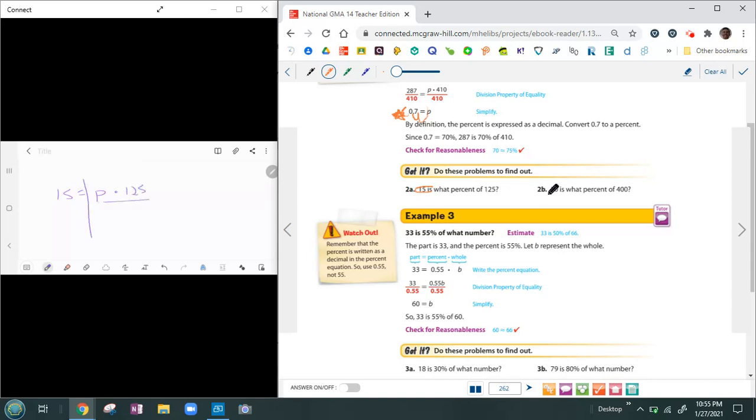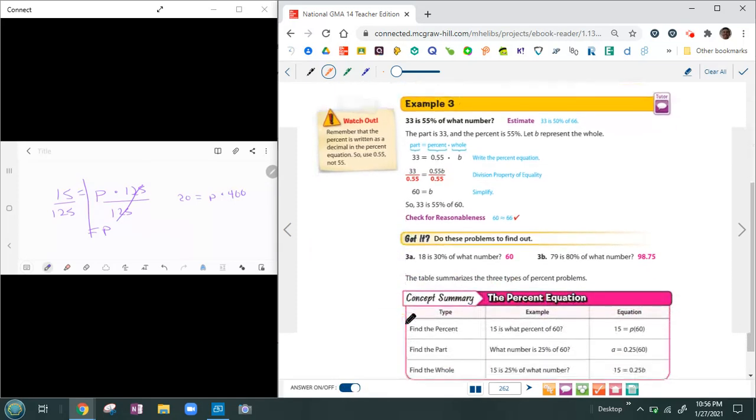We would divide by 125, it cancels that out, divide by 125, and we get P equals, I don't have the math in front of me, but you can do it on a calculator. And then the other one, 20 is what percent of 400? Divide by 400, and you saw the answers there.